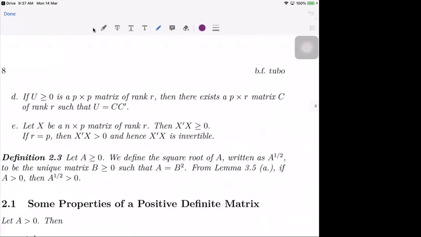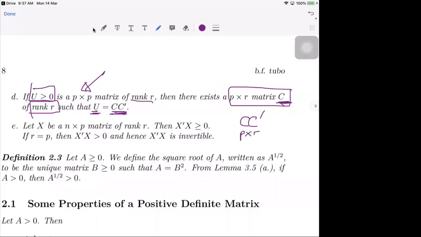And another transformation that you can do for a non-negative definite matrix having a rank R, so this is a square matrix having a rank R, you can always express U for a given matrix C, P by R, such that C is of rank R, and you can express U as C C prime.